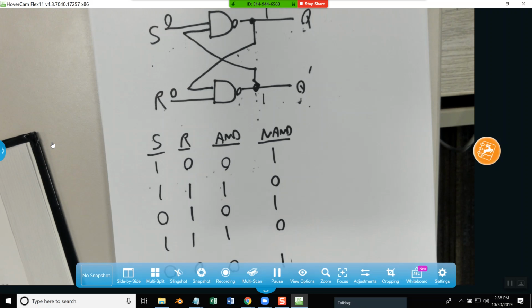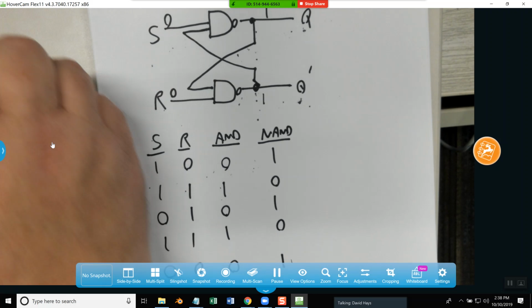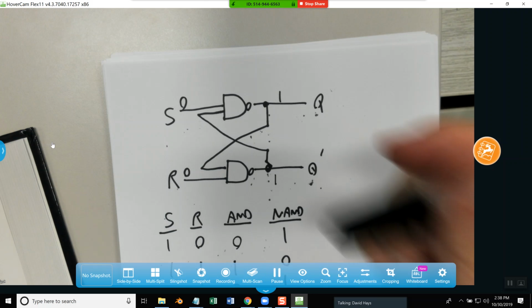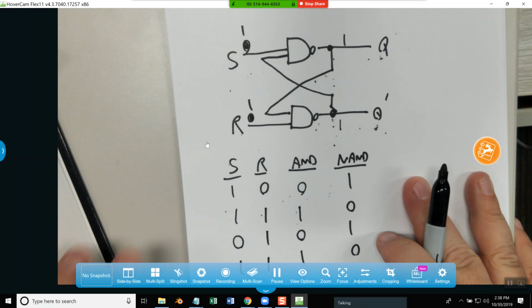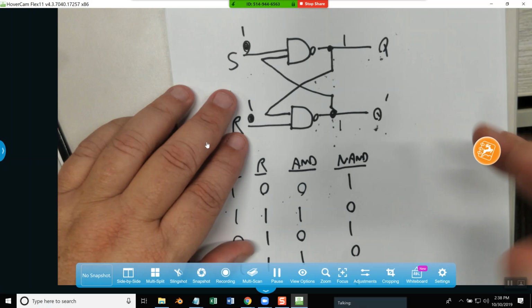And the application of 0 to the S input causes output Q to go to 1. So if I change this to 0, this would give us a 1, because 0 times anything is 0, and then you invert it, and that gives you a 1. And then that's coming back down here.